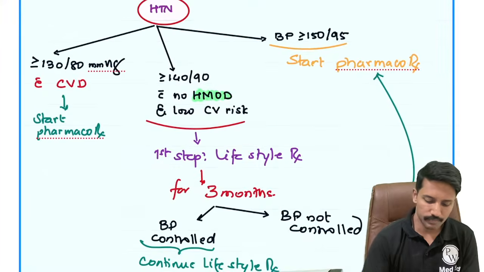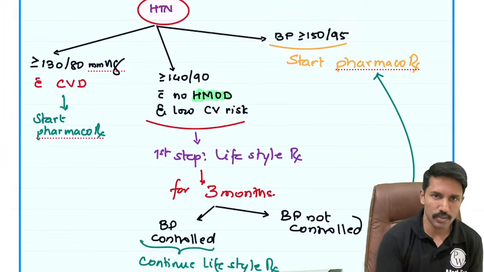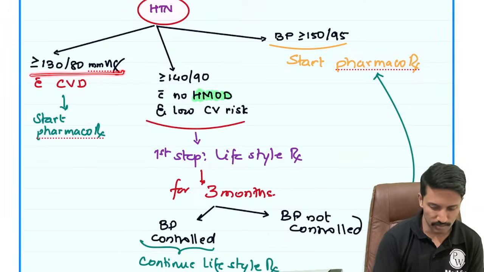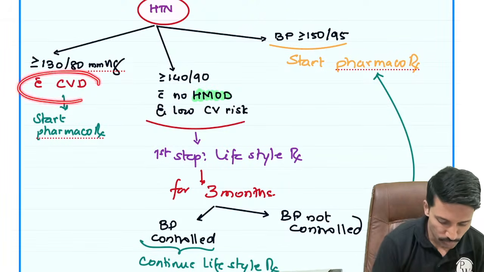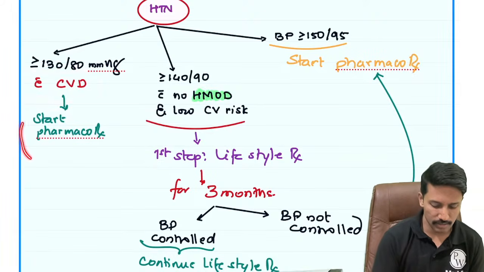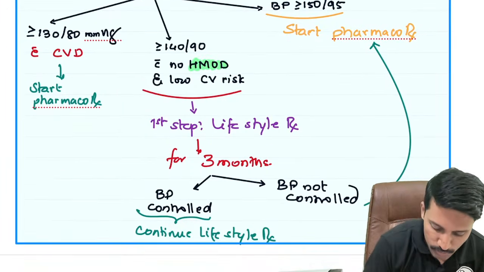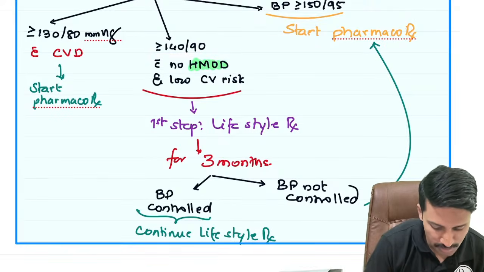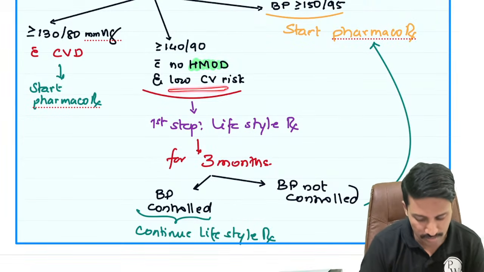But if BP is not as high as this, maybe 130/80 plus, but the patient has some cardiovascular disease risk factors, I will start with pharmacotherapy.